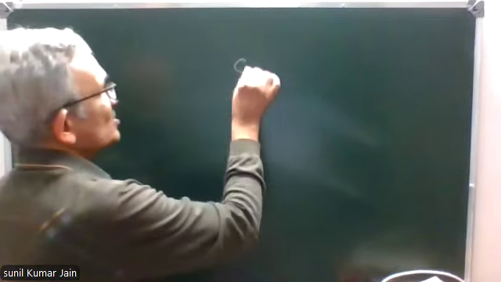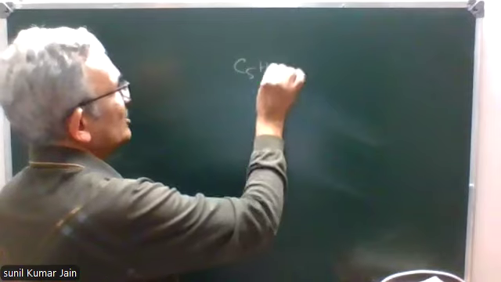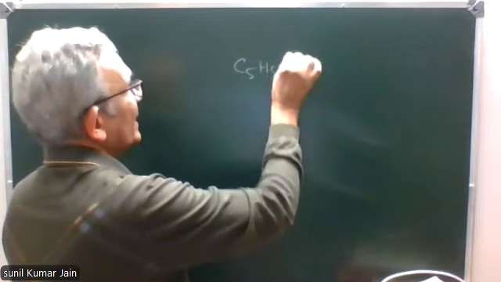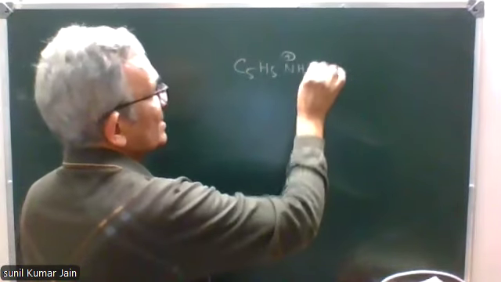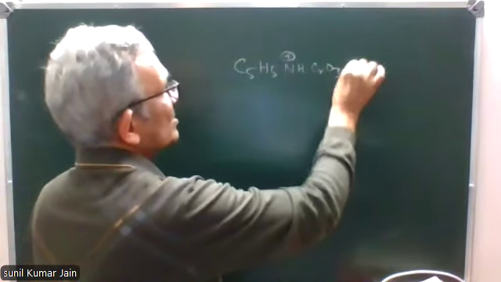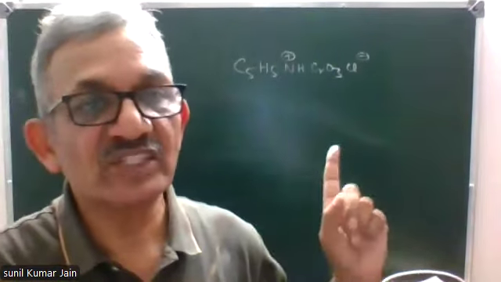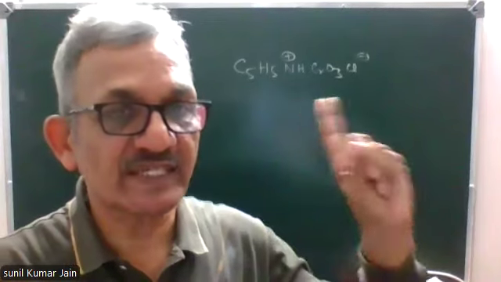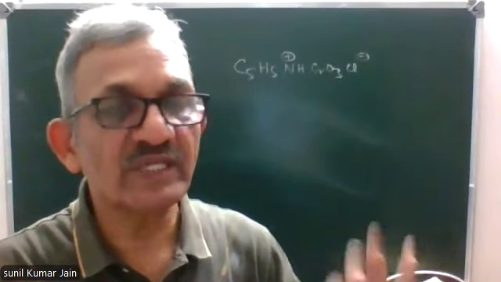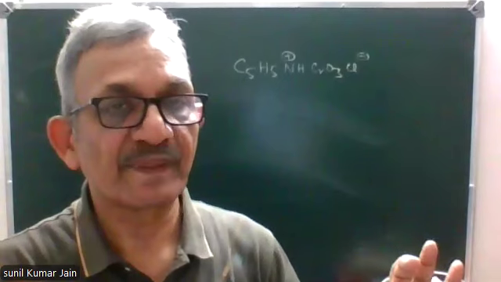Formula is C5H5NH+ CrO3Cl-. C5H5NH plus, positive charge at nitrogen, CrO3Cl minus.